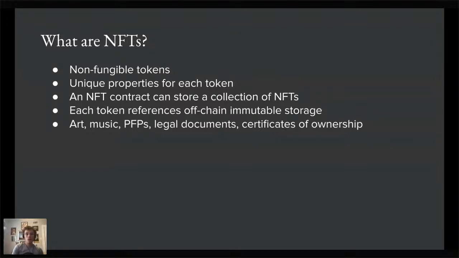They're essentially just hash pointers to off-chain data, usually on IPFS or Arweave, where in the smart contract, in the token metadata, there will be a field that says this token metadata can be found at this IPFS hash. Then any software that's looking at the NFT information can look up the corresponding metadata at that IPFS hash or the Arweave hash.